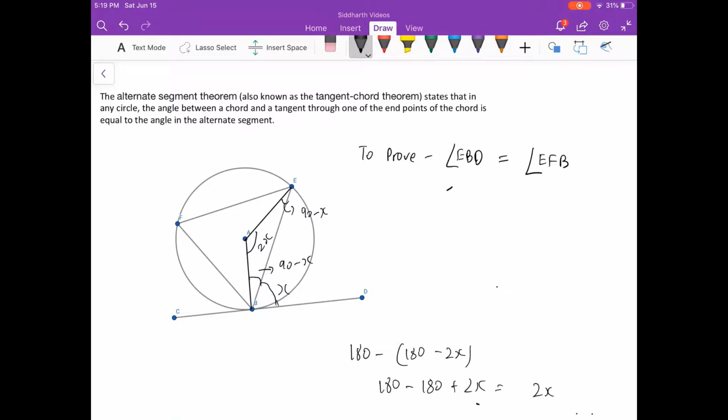Because the angle at the center is always twice the angle at the circumference, we know that angle EFB has to be half of 2x, that is x. So, we have proved that EBD is equal to EFB.